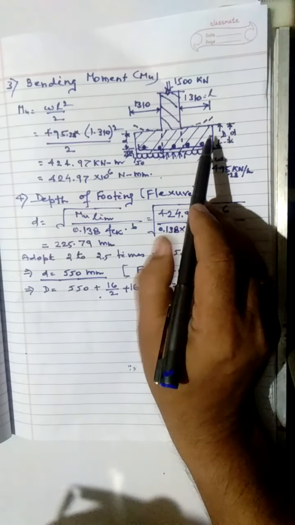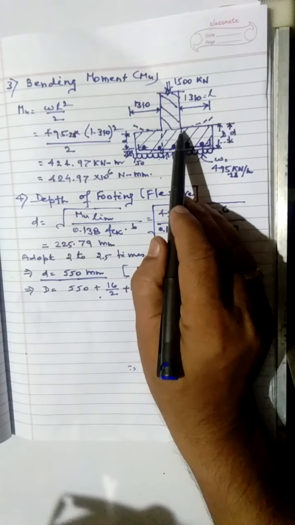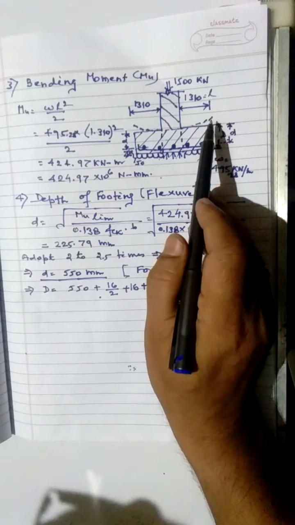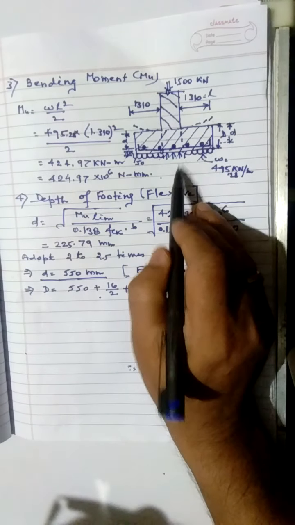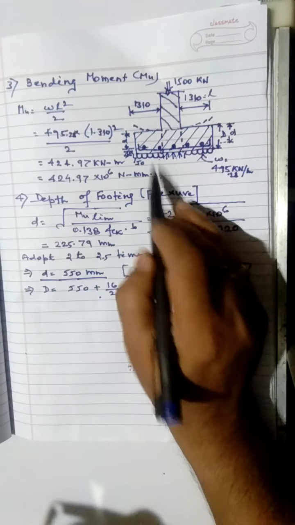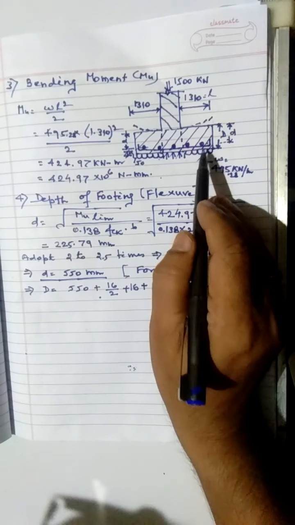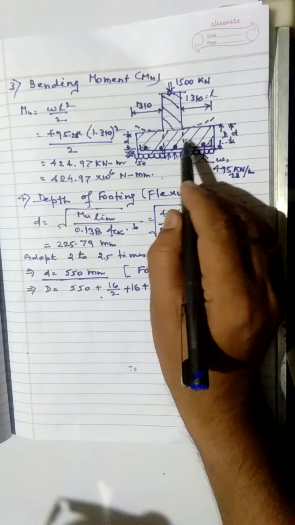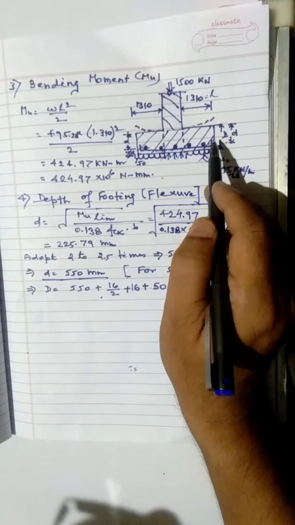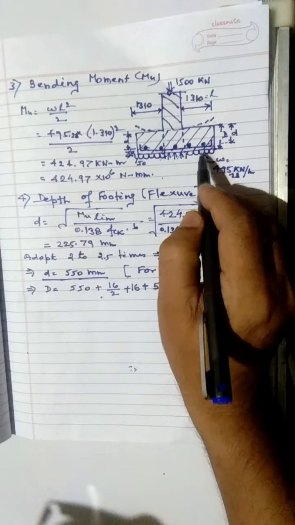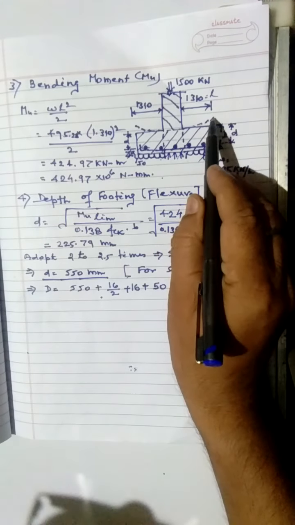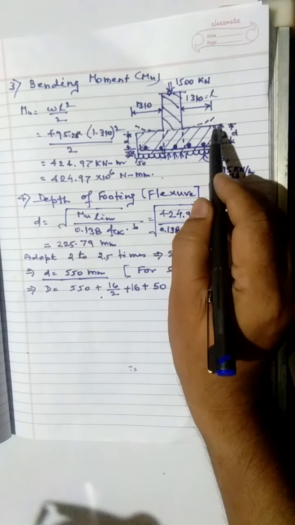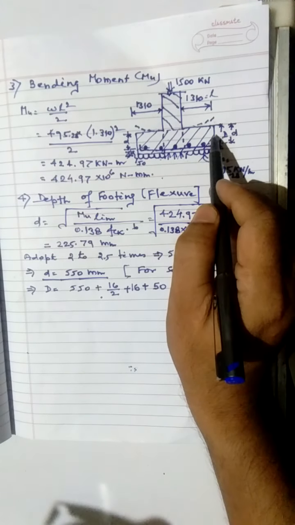As the projected portion goes out of the face of column to a length of 1310 millimeter, and this length is acted upon by the upward pressure from the soil, this upward load in UDL form would try to bend this projected portion as a cantilever beam, and once it is bent, a curvature would be developed on all four sides of the column, and this is an upward deflection at the edge of the footing.